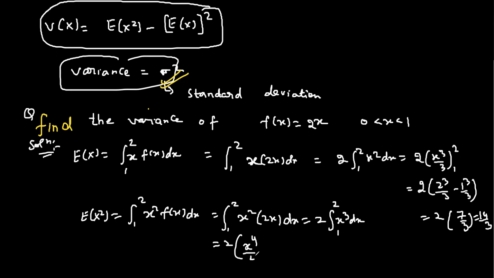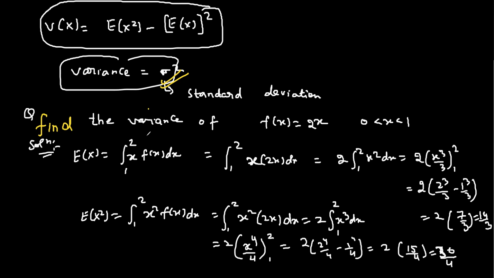Integration of 2x cube is x raised to 4 over 4. 16 over 4 is 4 minus 1 by 3. 15 over 4. 30 over 4, right?